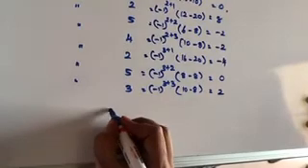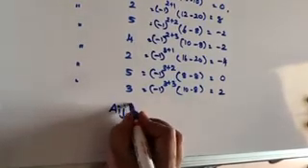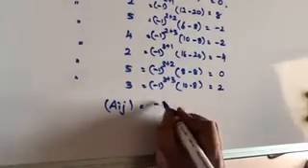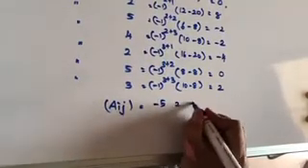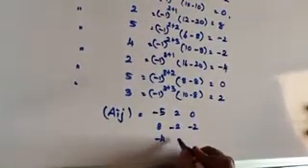Now we will write it as a cofactor matrix. Cofactor matrix Aij is equal to [[minus 5, 2, 0], [8, minus 2, minus 2], [minus 4, 0, 2]].